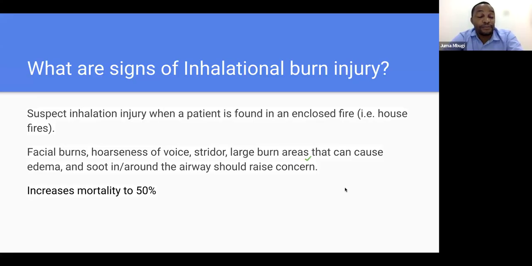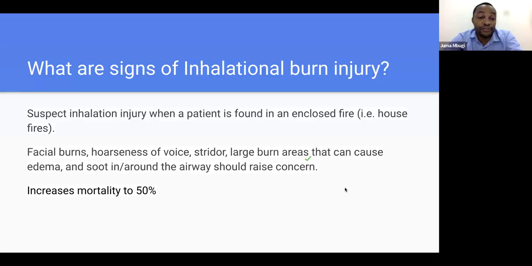Facial burns: usually the patients we receive here with inhalational injury have facial burns, hoarseness of voice, stridor, and large burn areas that can cause edema, such as burns of the neck, chest, and head.